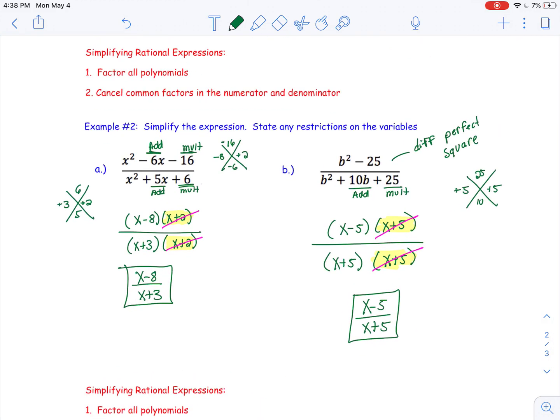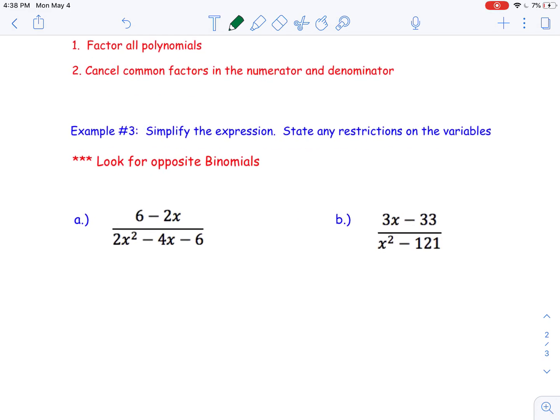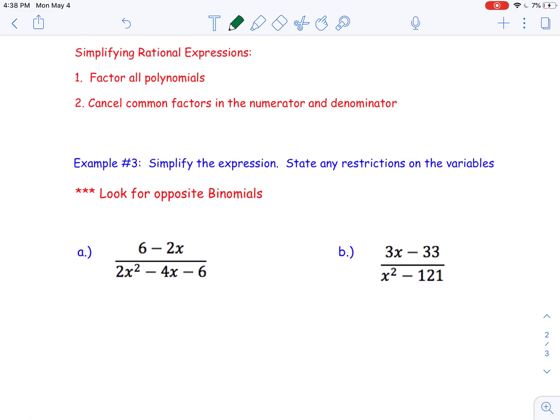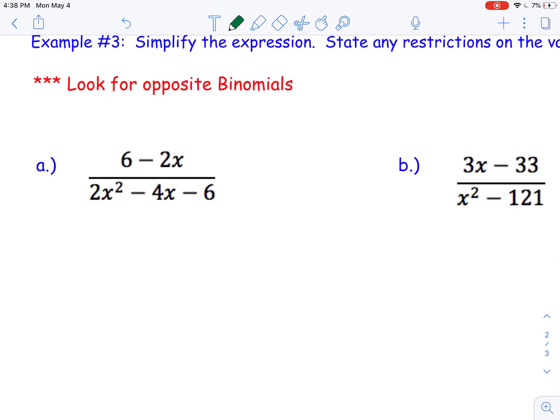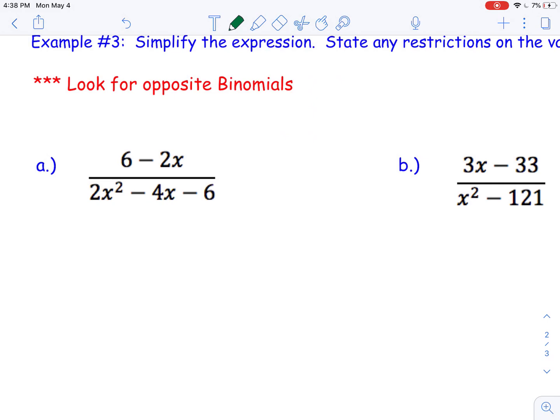And we just have 2 more here. The last 2 are pretty much the same. I just wanted to look at A. A has something a little bit different in it. So the first thing that we want to do is factor. I noticed that I can take a 2 out of the top, so I'm going to get 3 minus x. On the bottom, I notice I can factor out a 2.